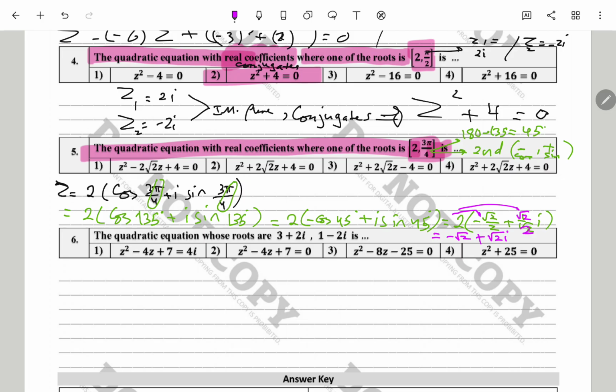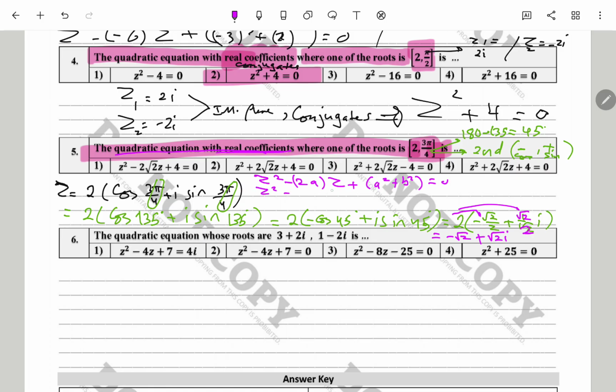Now, he told you to find the quadratic equation with real coefficients. This means I will use the rule z squared minus 2a, all multiplied by z, plus a squared plus b squared equals 0.